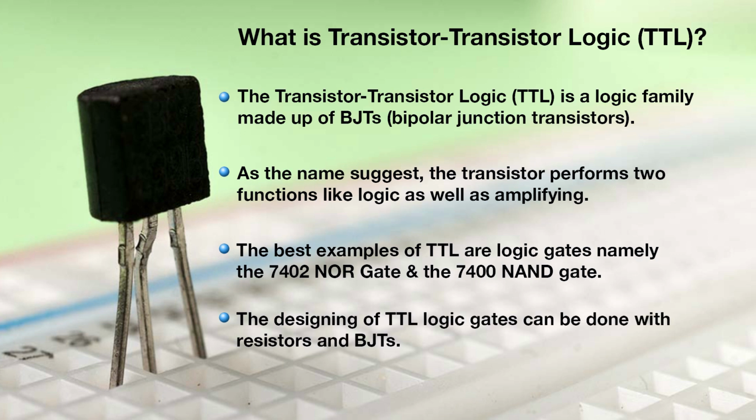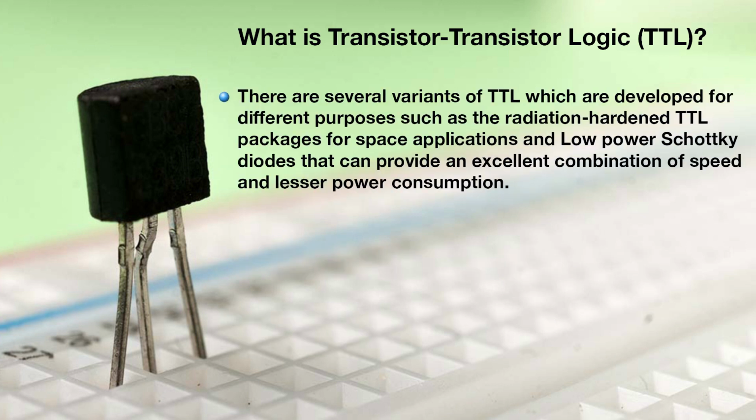The designing of TTL logic gates can be done with resistors and BJTs. There are several variants of TTL developed for different purposes, such as radiation-hardened TTL packages for space applications and low power Schottky diode TTL that can provide an excellent combination of speed and lesser power consumption.